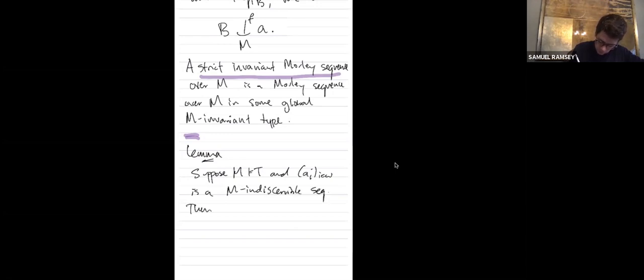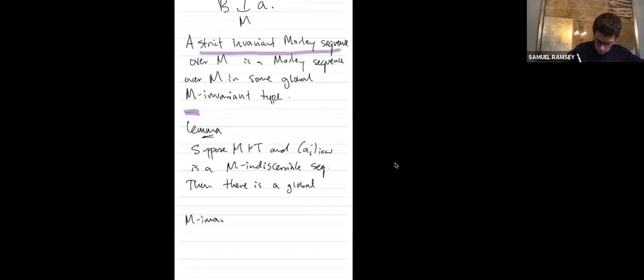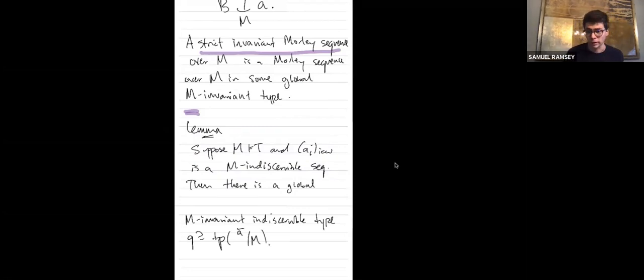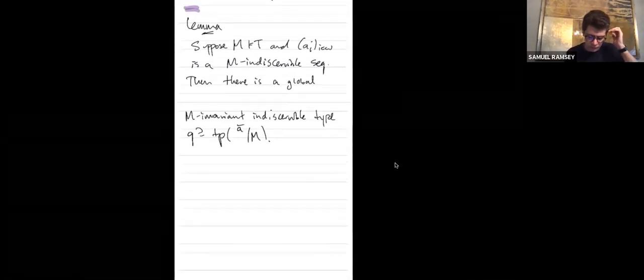Then there is a global M-invariant indiscernible type Q extending the type of A bar over M. Okay, so I'm going to give just a few of the details because I think you'll see how the argument goes very quickly. So here's the proof.